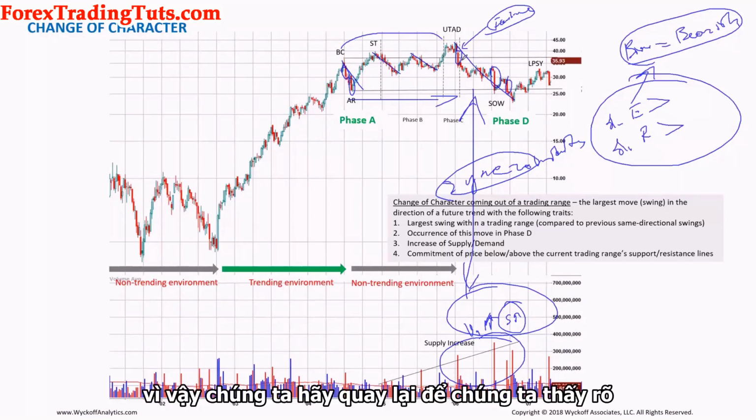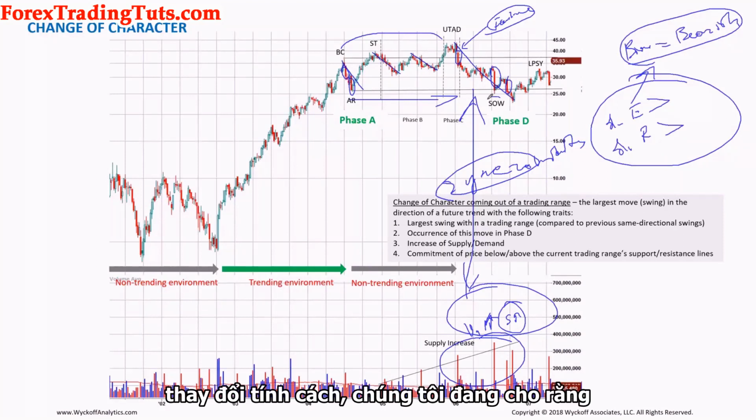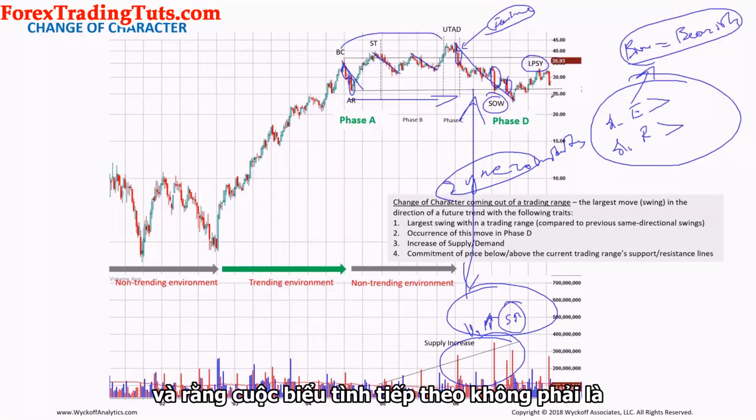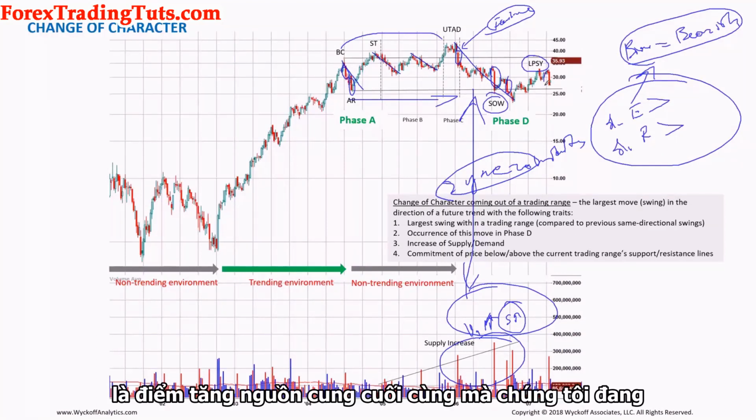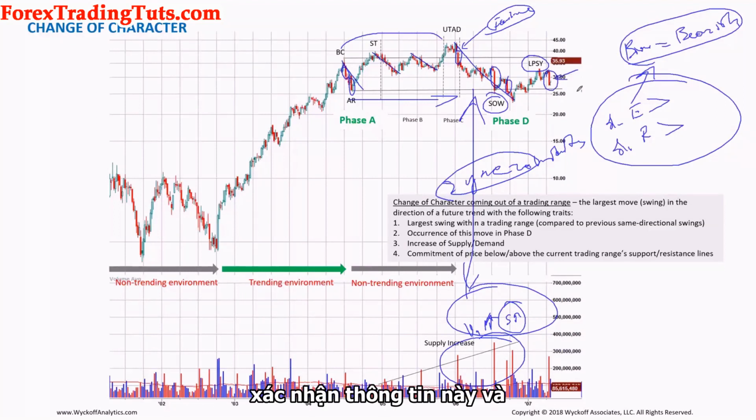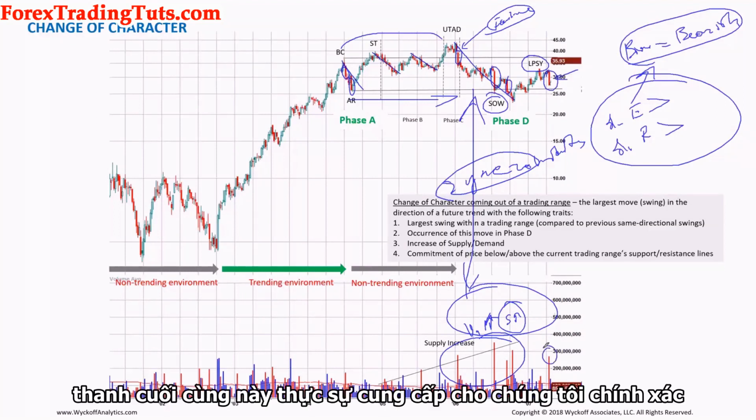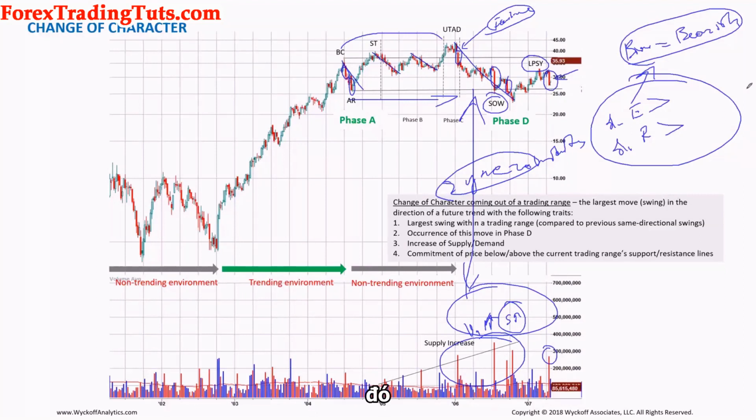So let's come back. We clearly see some bearish activity on the possible change of character. We're assuming that this is a sign of weakness and that the next rally, which is not going to be extremely strong, is going to be a last point of supply rally. We're looking for points of confirmation of this information, and this last bar actually gives us exactly that.